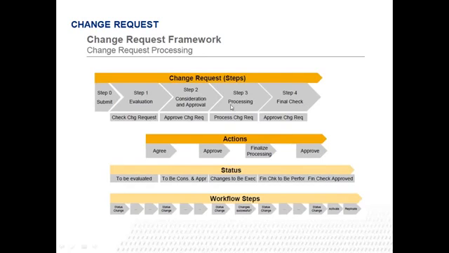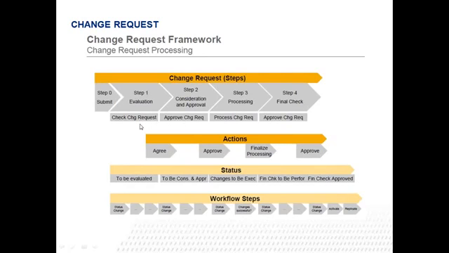Once it is approved, it goes for any modifications if required, and then it goes to the final approval. During each step we attach one: check change request, approve change request, process change request, approve change request. These are the steps which we should link with each step.